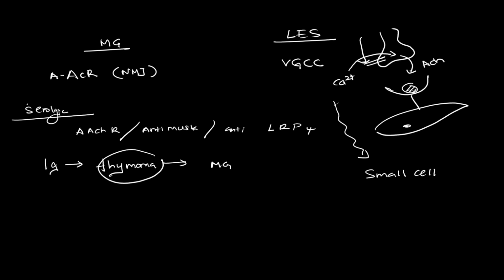But in Lambert-Eaton syndrome, with repeated stimulation, it will actually improve. With prolonged exercise, it will improve. This is because with muscular activity, you would see an accumulation of calcium ions in the vicinity that will lead to extra secretion of acetylcholine, improving symptoms.